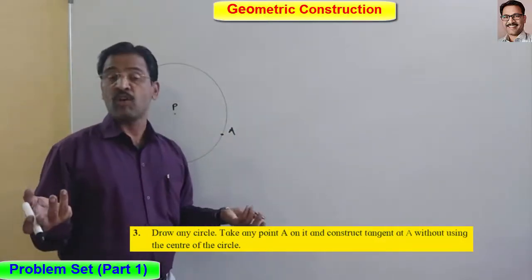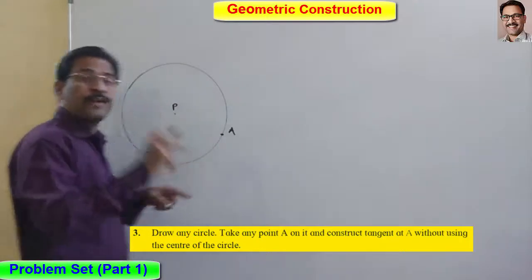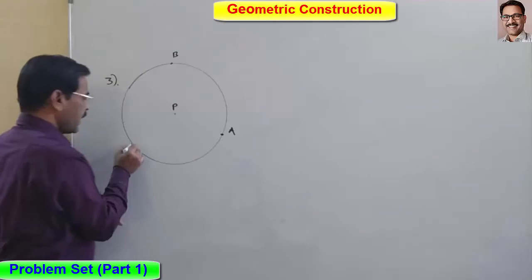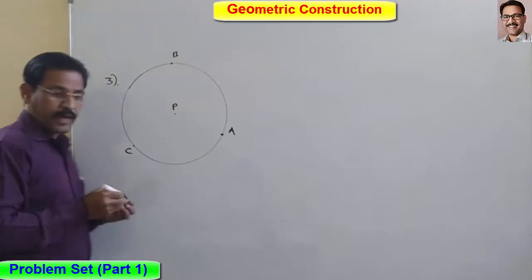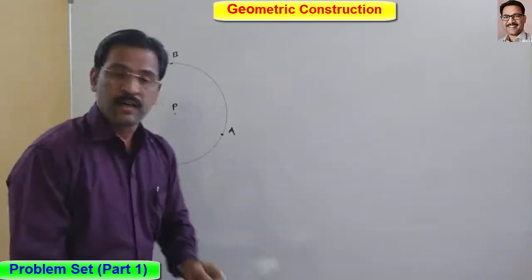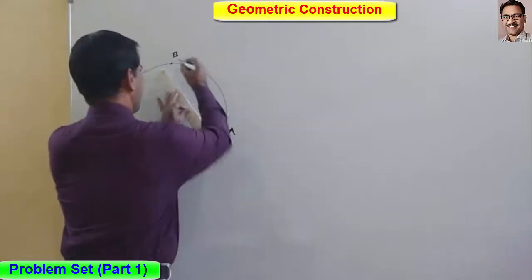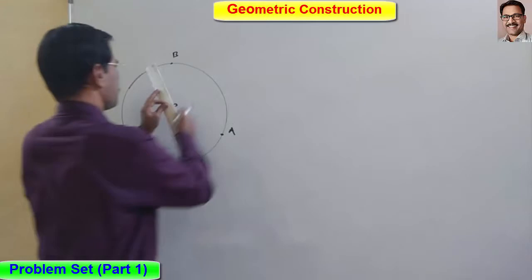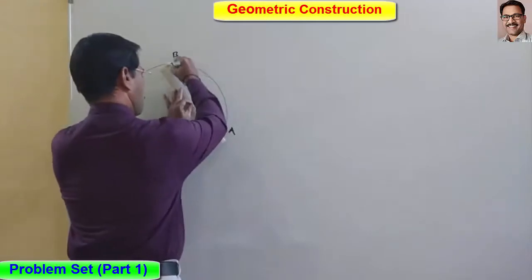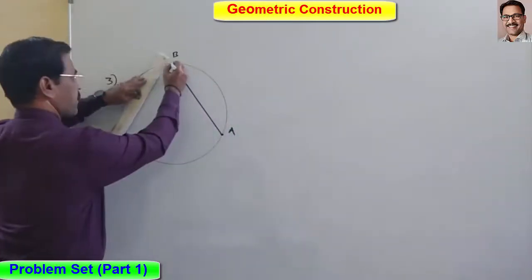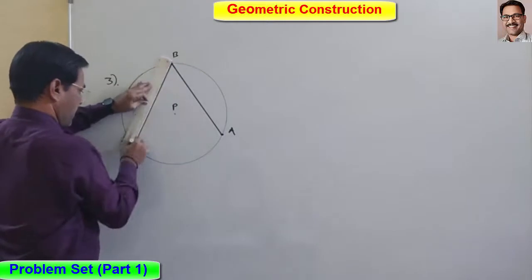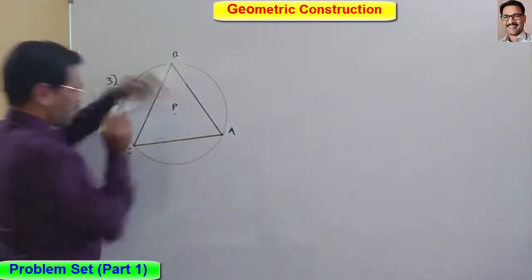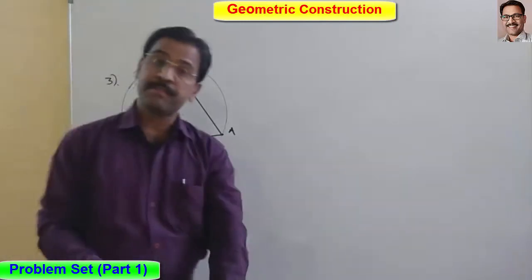That means the procedure is already known here. I'm going to take two more points on the same circle. I'll take B and C here. Now I'll join all these three segments. After that, what is our next step?